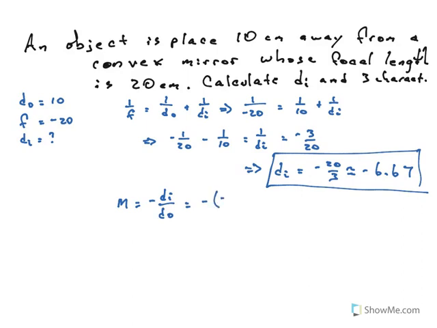Di was negative 20 over 3 over do was 10. Now notice, you have to be very careful with these negatives. There's already a negative in the equation, and di was a negative number. So there's two negatives there. So the negative with the negative becomes positive. So when you do this calculation, you get positive 2/3.